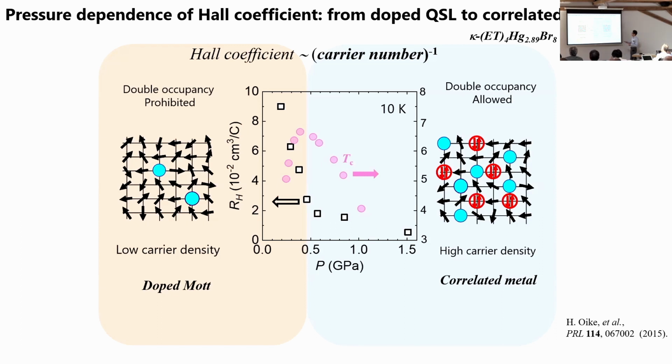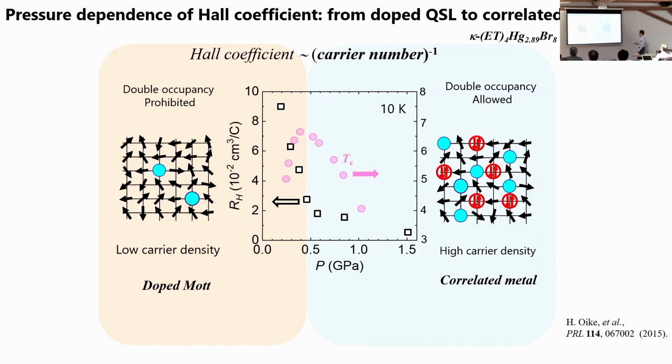This means that in the low pressure range the density of holes is very small. Maybe only the doped holes are mobile, but in the high pressure range, double occupancies are allowed, and then many holons and doublons are moving around. So the whole Fermi surface contributes to the conductivity.